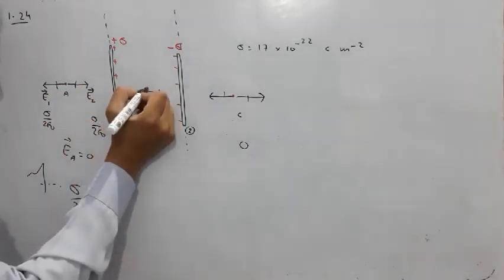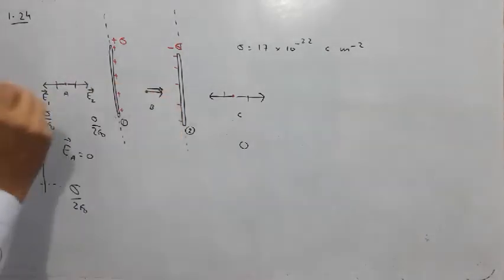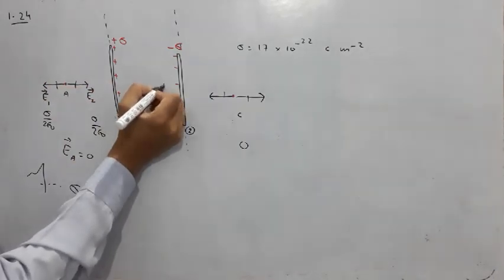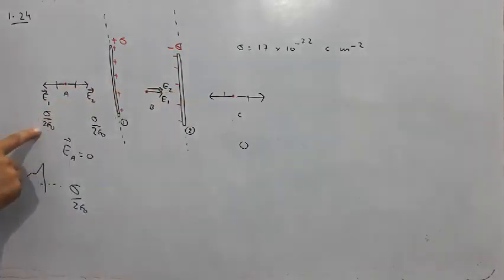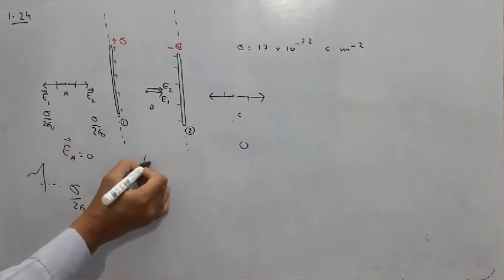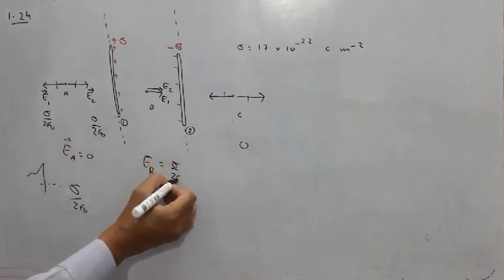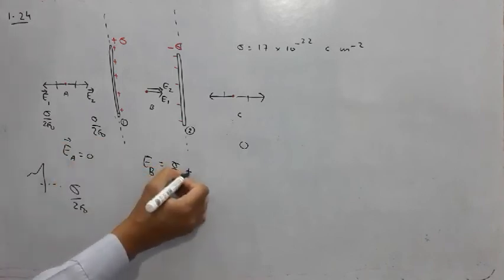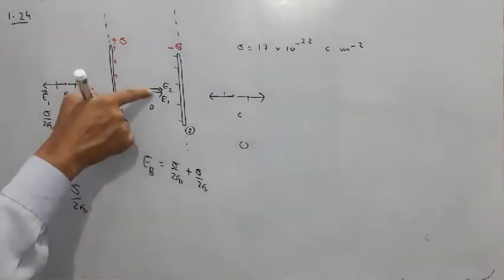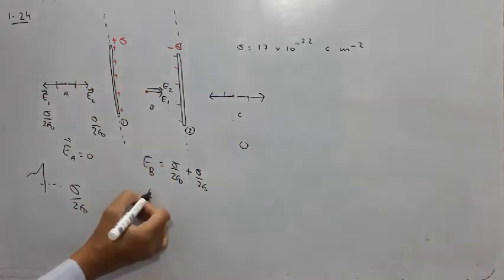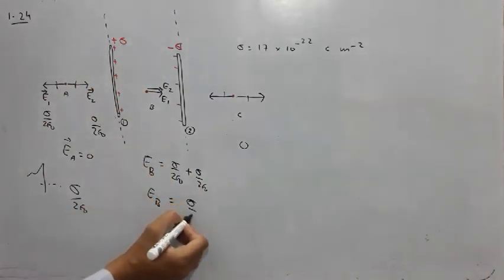Now in region B, due to the positive plate, the electric field will be towards the right, and due to the negative plate also the electric field will be towards the right, and their values will be the same. How much? Sigma by 2 epsilon naught and sigma by 2 epsilon naught. That's why the net electric field in region B will be sigma by 2 epsilon naught plus sigma by 2 epsilon naught, because they are in the same direction. So EB becomes sigma upon epsilon naught.